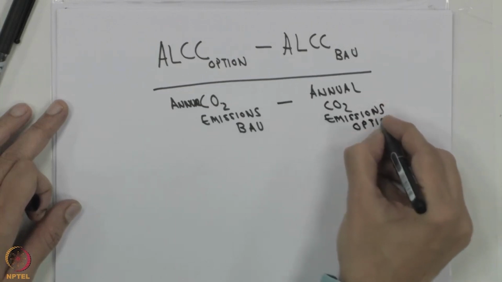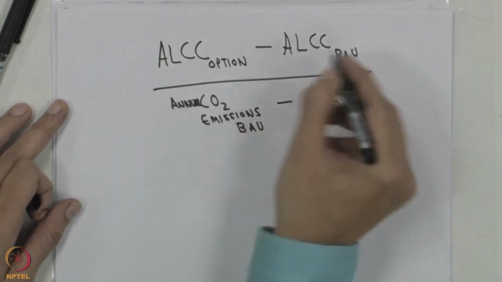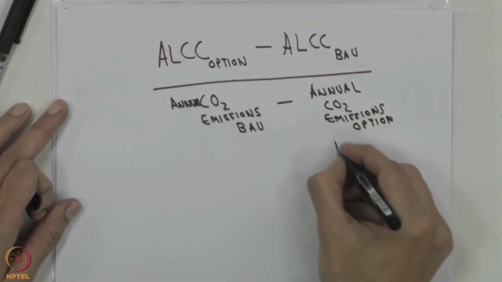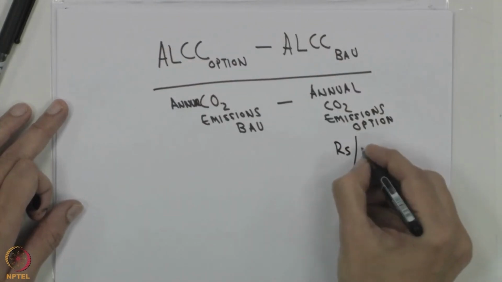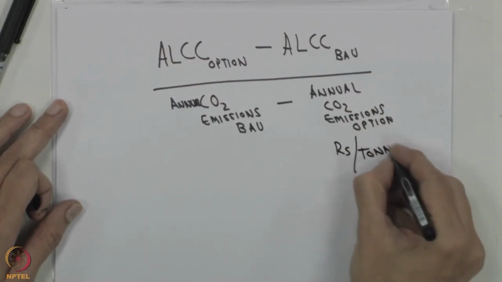So you get the annual CO2 savings, we have the annualized cost, and then we can get this in terms of rupees per ton of CO2 saved.